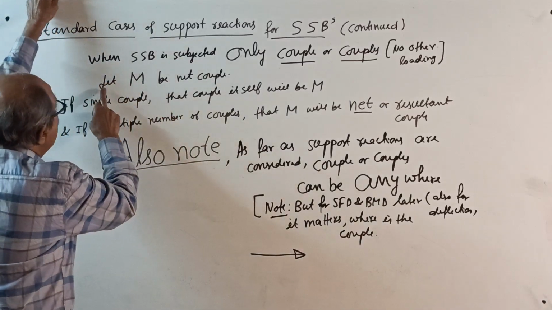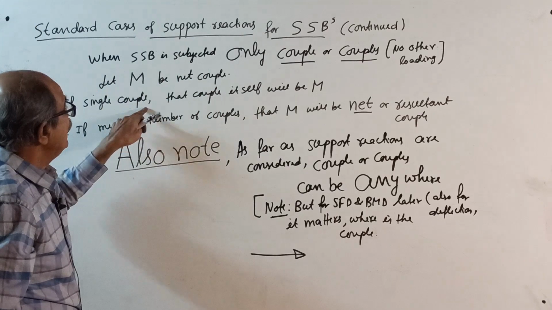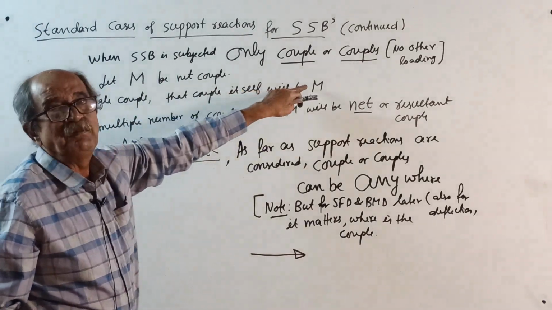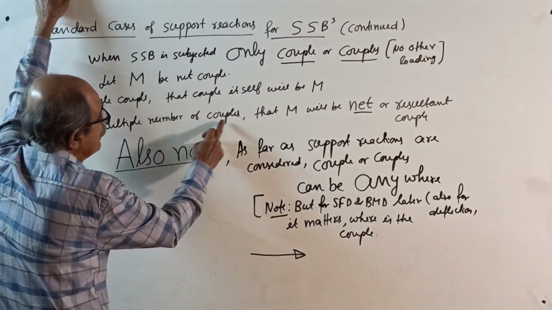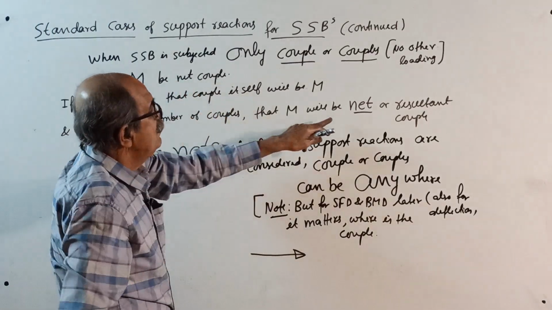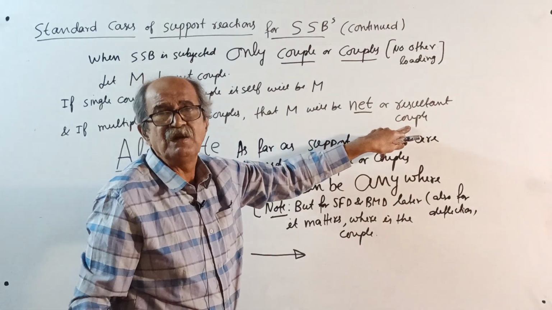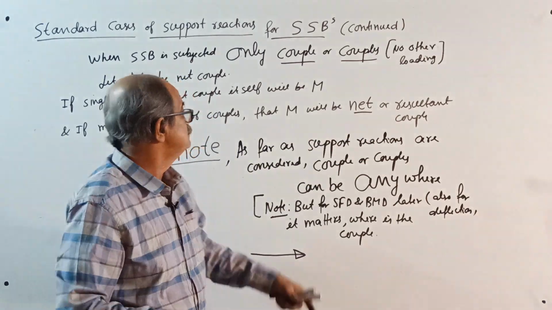Now, let M be the net couple. If a single couple is there, that couple itself will be M. And if multiple couples are there, then M is the net or resultant couple. If multiple couples are there, you consider a single couple.